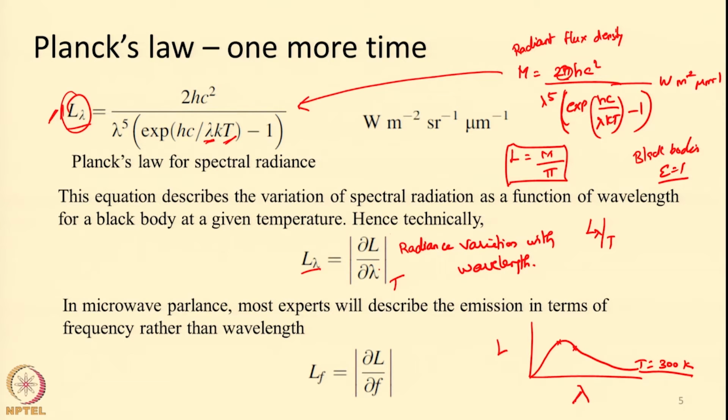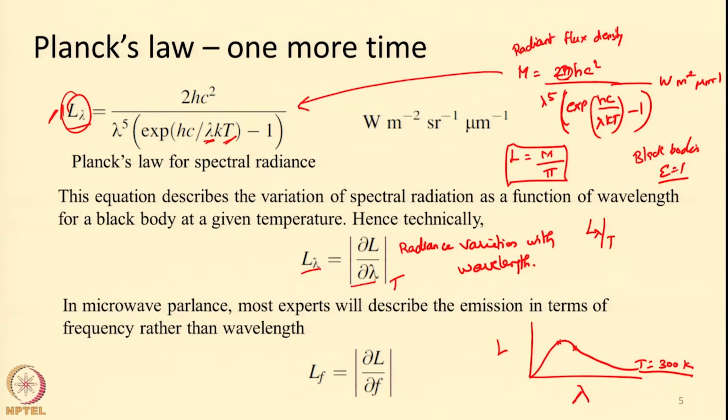In microwave parlance, whenever we enter the microwave domain of remote sensing, most of the engineers who develop the systems, the microwave antenna, the sensor system, prefer dealing in terms of frequencies. But as remote sensing people, we prefer talking in terms of wavelength. So, there is always a need to convert between expressing something in terms of wavelength and in terms of frequency.